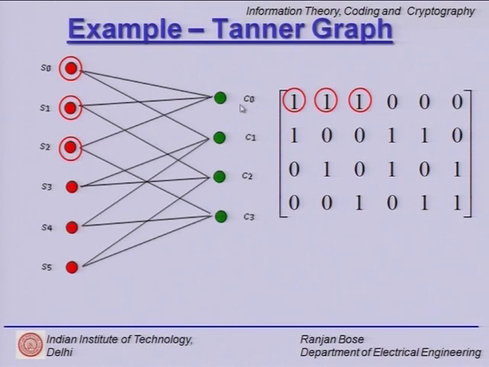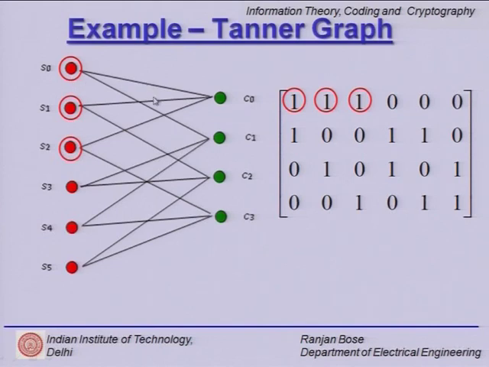So, if my received vector leads to a syndrome which is 1 0 0 0, it clearly says that this guy which is 1 should flag and lead me to S0, S1, S2 being the culprits or the suspects.